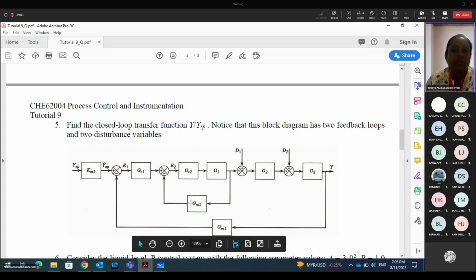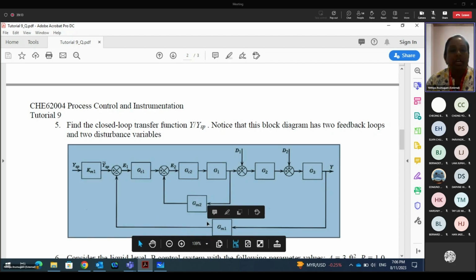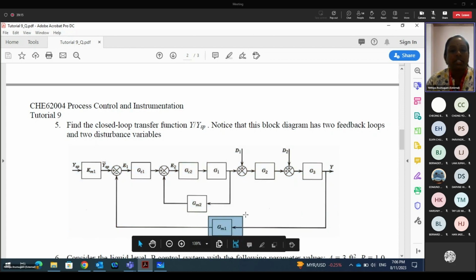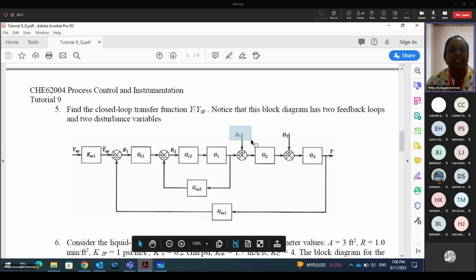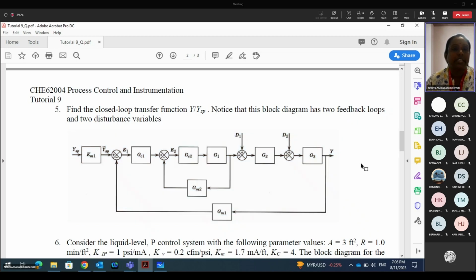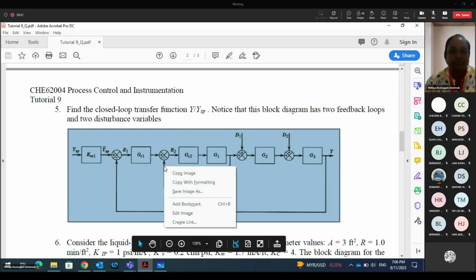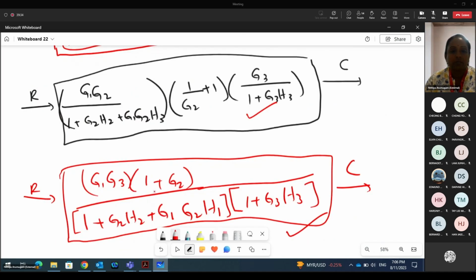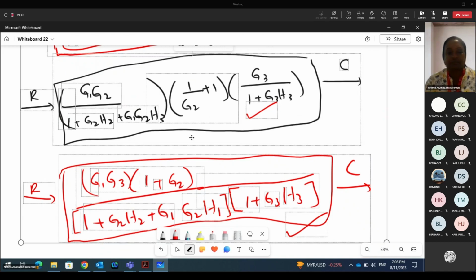So we have the feedback loop GM2 and GM1. The disturbances mentioned here are D1 and D2. So we have to get the closed loop transfer function in terms of Y over YSP. How to solve this?